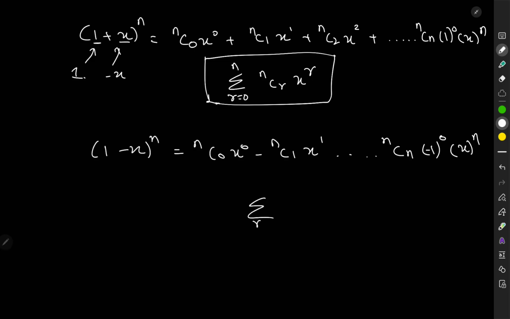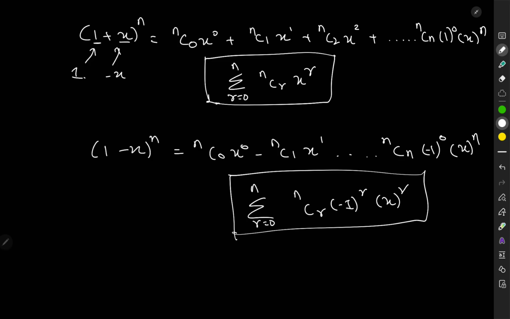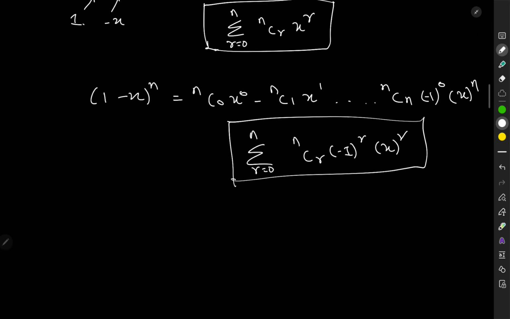So how will the general term be? It's NCr (minus 1)^r x^r, right? So these will be the two important equations which you must understand, right?